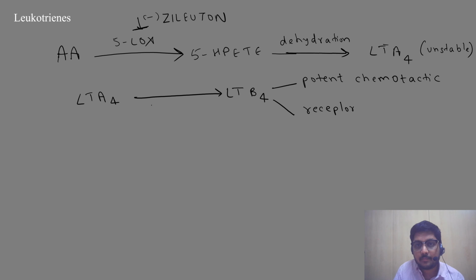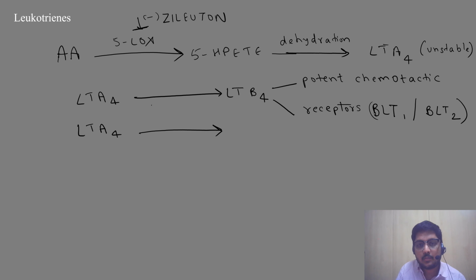What are the receptors for this LTB4? Receptors are very easy for these. It is B, right? B for LTB. There are two types of receptors. These are the two receptors on which LTB4 acts. And there is another fate of LTA4 transformation.